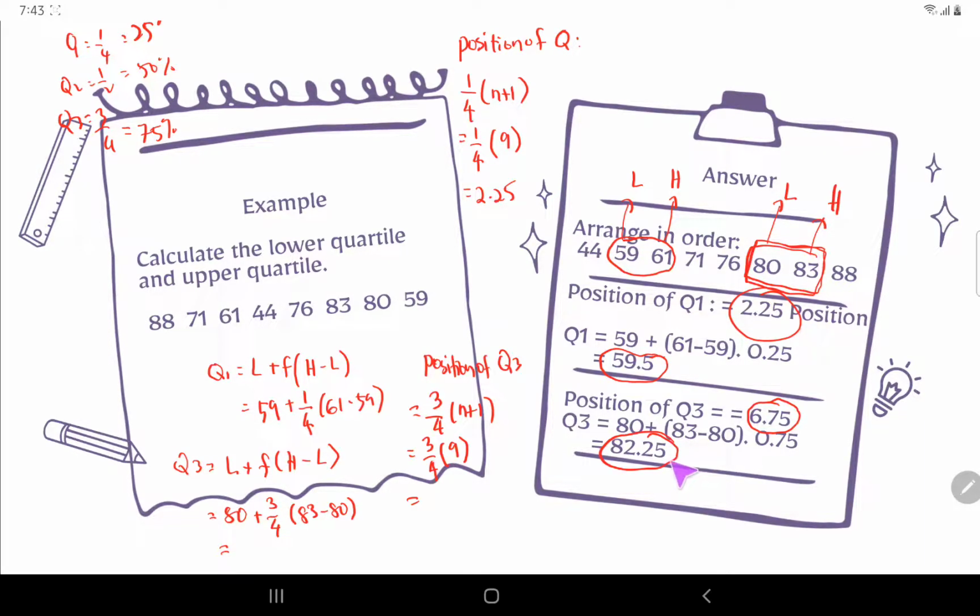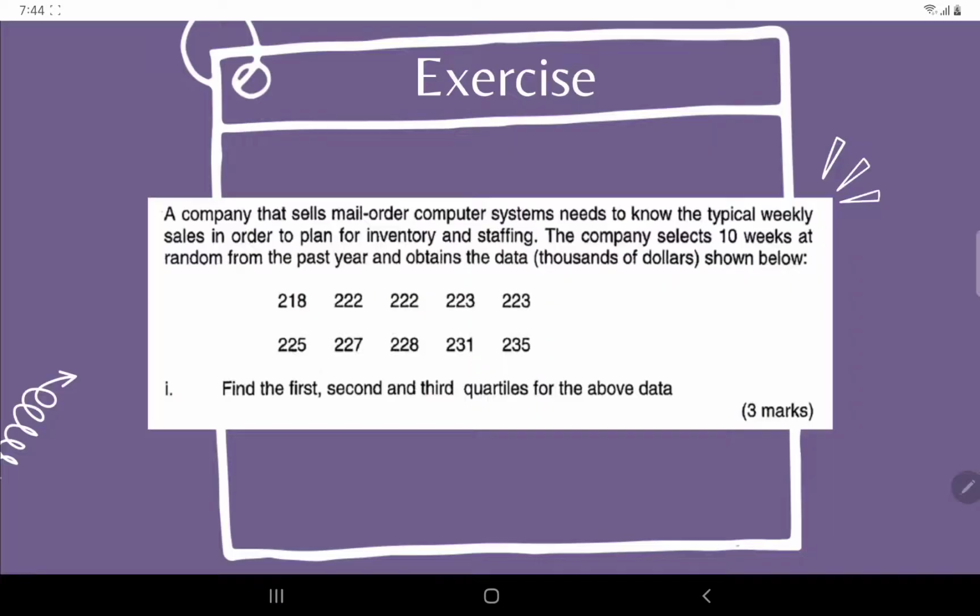This is the value of Q3 and this is the value for Q1. I hope you understand this example for finding Q1 and Q3 for ungrouped data. Let's look at the next slide.